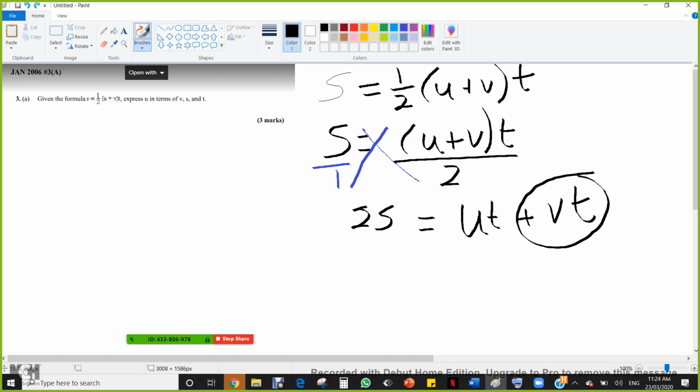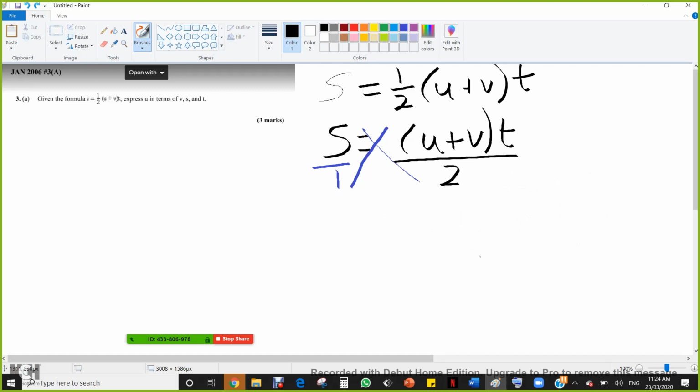So we want to take this and carry it across. 2S minus VT is equal to, oh wait, no, I'm doing this wrong, sorry. We need to factor out the T. Sorry, I got confused just now.